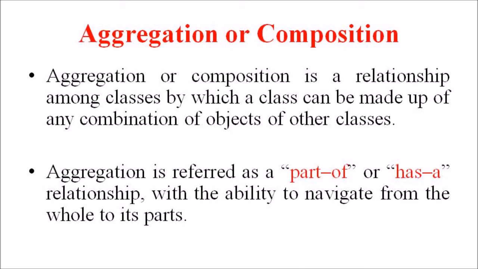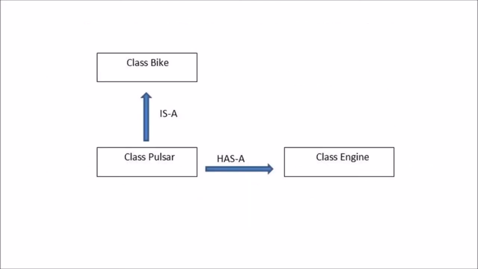Aggregation is referred to as a part-of or has-a relationship, with the ability to navigate from the whole to its parts. An aggregation object is an object that is composed of one or more other objects. For example, in the relationship a car has a motor, the car is the whole object or the aggregate, and the motor is the part of the car.